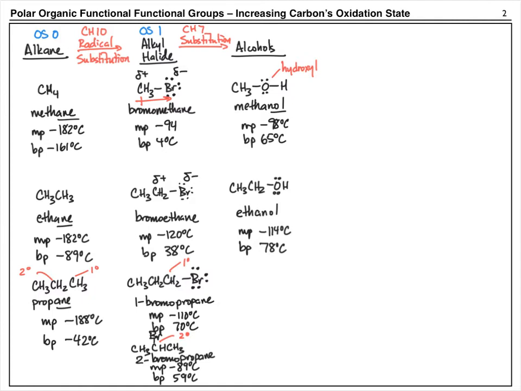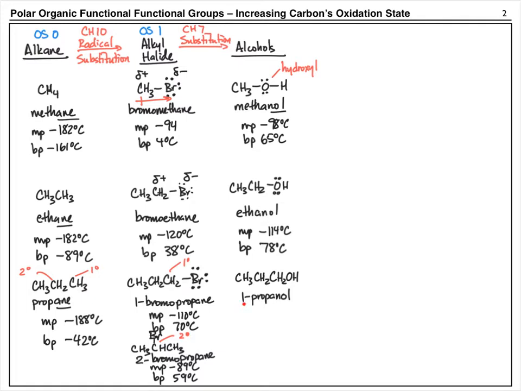The primary alcohol, CH3, CH2, CH2, OH. This is called 1-propanol. Now I'm dropping the E and adding OL, 1-propanol. Again, the nomenclature that we're going to learn over the course of this semester.